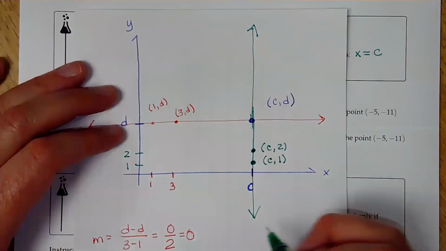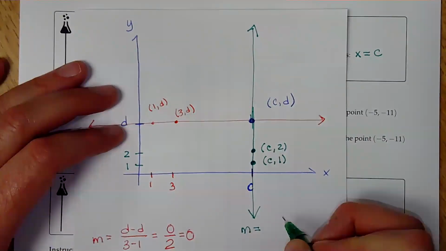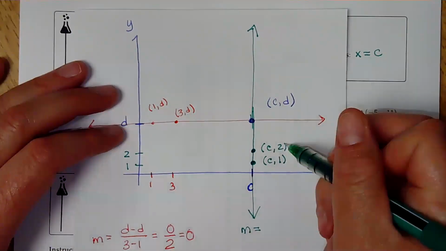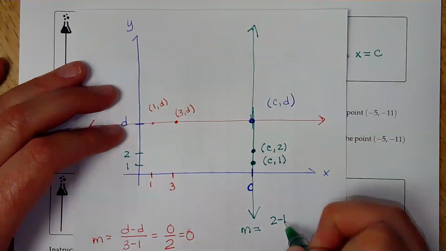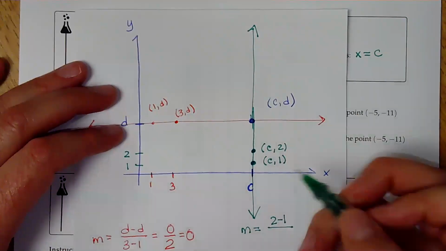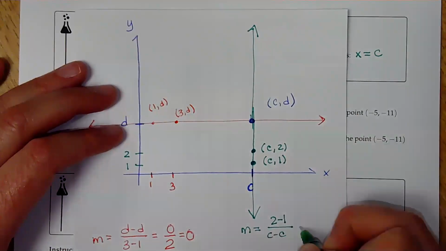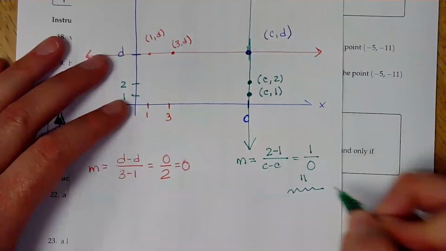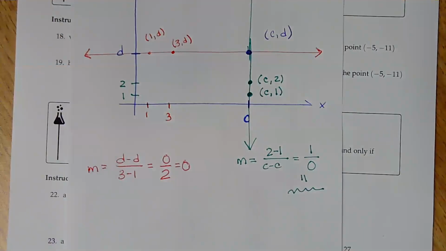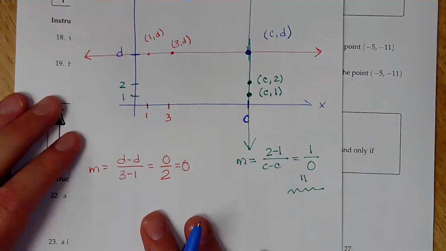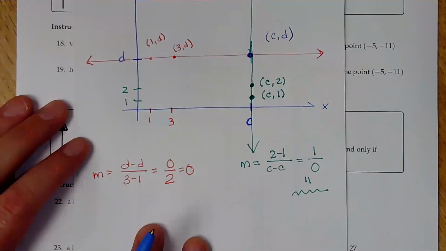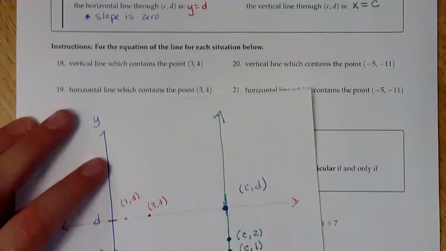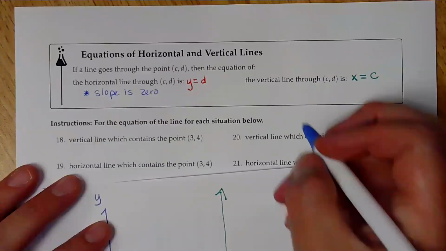So if I try to calculate the slope here, I'm going to get y2 minus y1, so 2 minus 1 over x2 minus x1, so c minus c. So I have 1 divided by 0, which is, yikes, can't do that unless you're Chuck Norris. If you're Chuck Norris, you can divide by 0. But the rest of us, mere mortals, cannot divide by 0. So that means that our slope here on a vertical line is undefined.